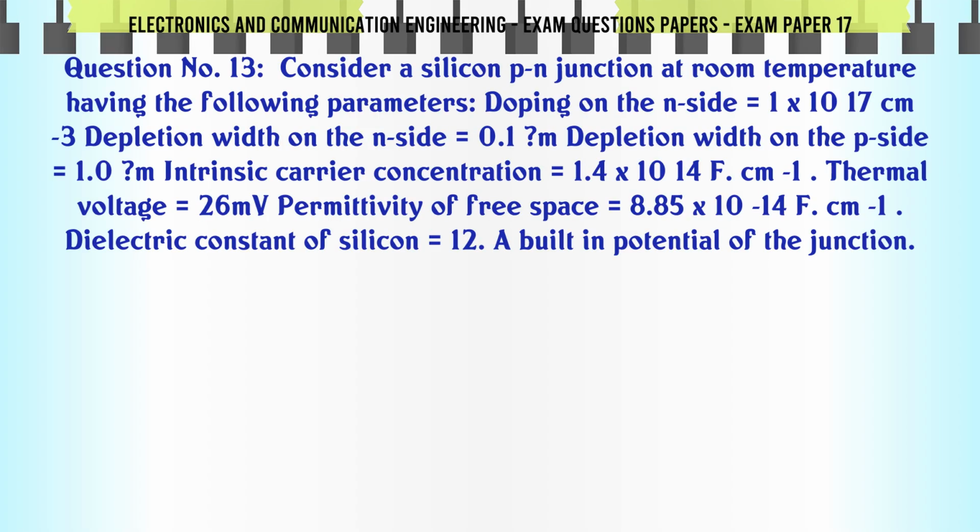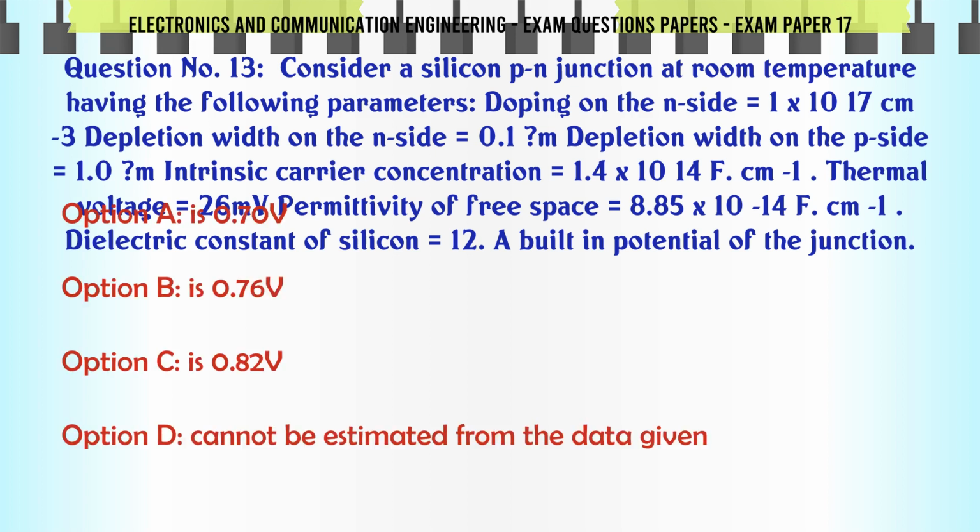Consider a silicon p-n junction at room temperature having the following parameters: doping on the n side 1x10^17 cm^-3, depletion width on the n side 0.1 µm, depletion width on the p side 1.0 µm, intrinsic carrier concentration 1.4x10^10 cm^-3, thermal voltage 26 mV, permittivity of free space 8.85x10^-14 F/cm, dielectric constant of silicon 12.